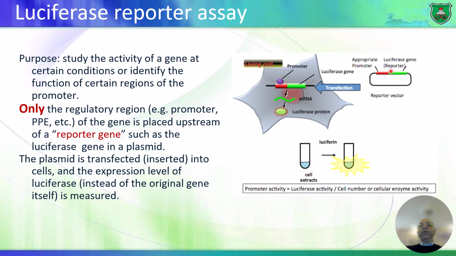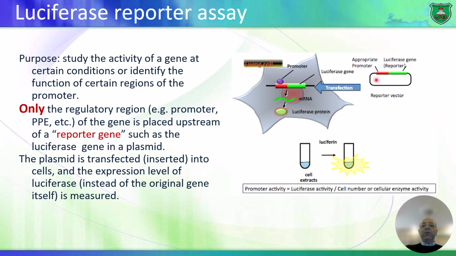So we're not using the original promoter of the luciferase gene, right? So we have it under control of a promoter of interest. So let's say that we have the luciferase gene under control of the promoter of the dopamine hydroxylase gene, for example.